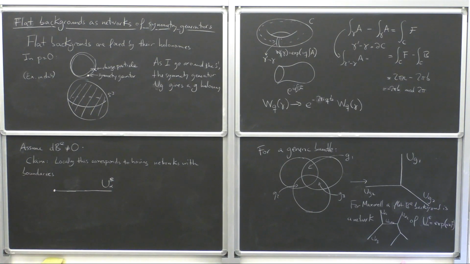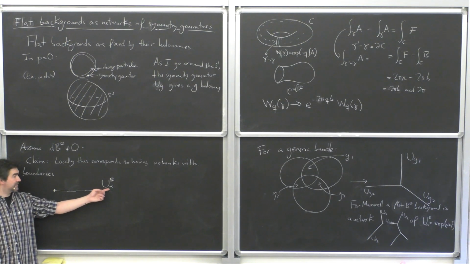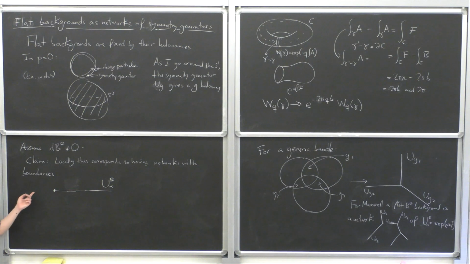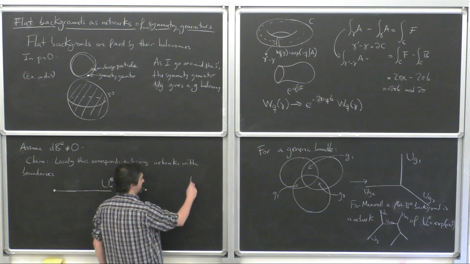Okay, so first of all, let's try to remember how one of these symmetry generators can end. That's something we saw in one of the previous lectures. Maybe easier to remember if we think of the magnetic generator first.